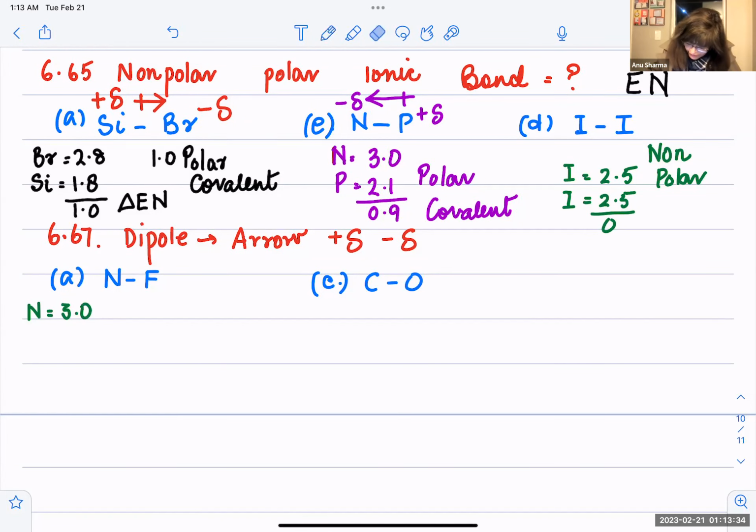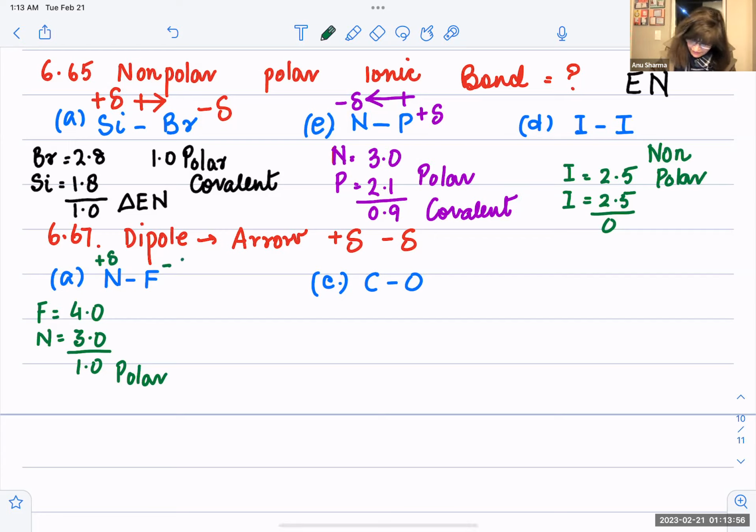Fluorine is equal to 4.0 and nitrogen is equal to 3.0, and this becomes 1.0. Okay, and that is a polar bond. Nitrogen is delta negative in other contexts, but it's always in comparison. Because fluorine is more electronegative than nitrogen, overall polarity is towards fluorine. So this is a polar covalent bond.